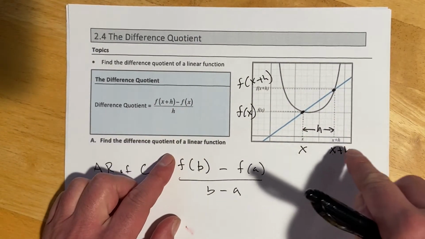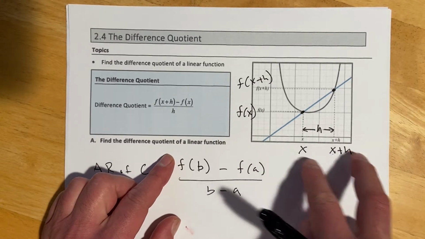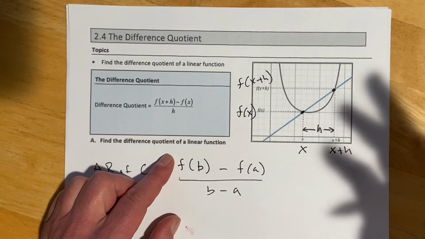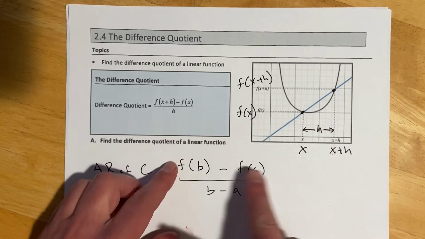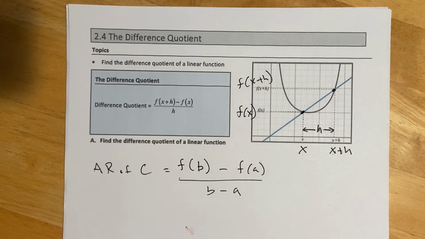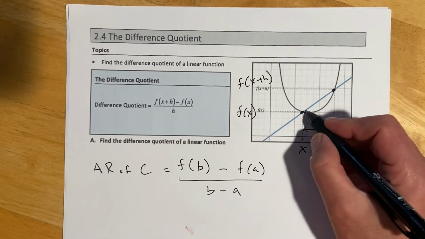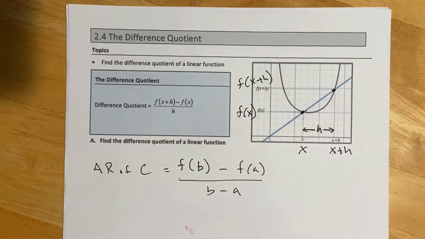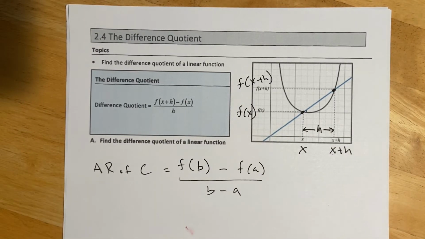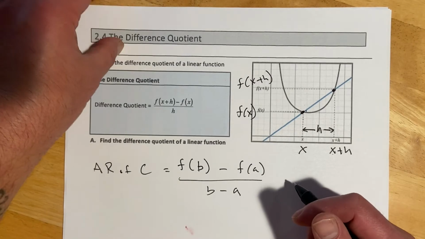Then over x2 minus x1, a change in x, x plus h minus x, the x's cancel, and there you have the h. So this and the slope formula back in 2.1 are all finding the slope of this line. We're just looking at several different notations. What you end up doing with it is different for sure, but they are all looking at the same thing, which is slope.